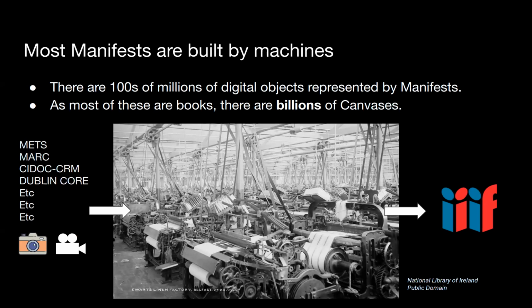And that metadata is typically structural metadata, descriptive metadata, and other technical metadata, and that all comes together to produce IIIF, as well as images and film and other actual media assets. There are billions of these out there in the world now, probably hundreds of millions of manifests, billions of canvases.